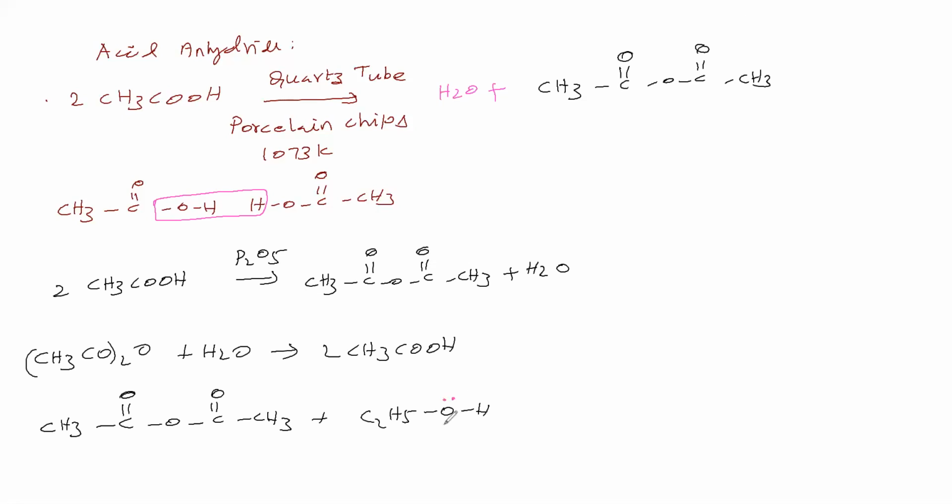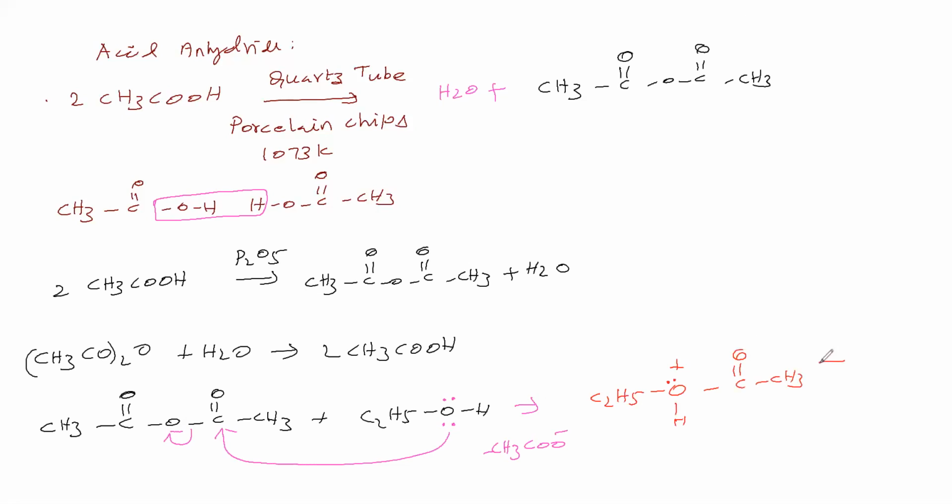In the alcohol, oxygen has a lone pair. This lone pair attacks here, so the bond pair shifts like this. CH3CO minus is leaving, and we get C2H5OH with a positive charge, COCH3.